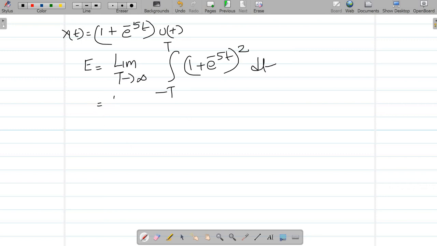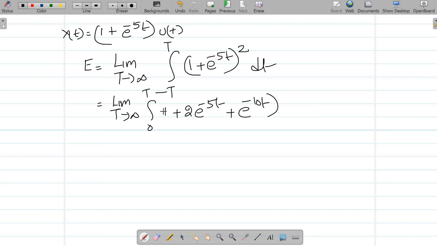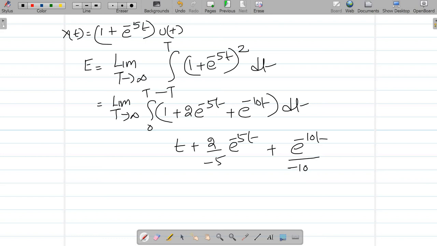So I can write this as limit T tending to infinity, integral from 0 to T of 1 plus 2 e to the power of minus 5t plus e to the power of minus 10t, the entire thing dt. So this will be t plus 2 by minus 5 times e to the power of minus 5t, plus e to the power of minus 10t divided by minus 10. The entire thing I will have to evaluate with the limits. If I do it, I'll get something like this.